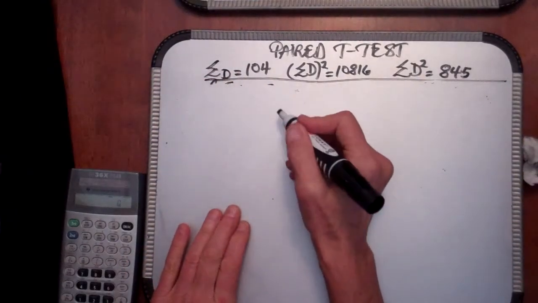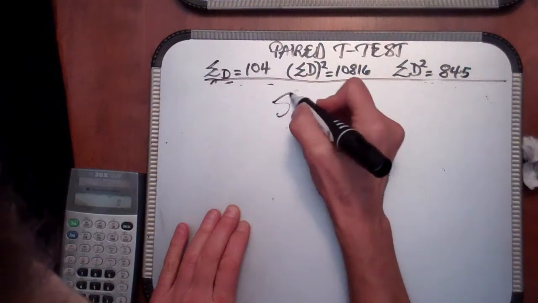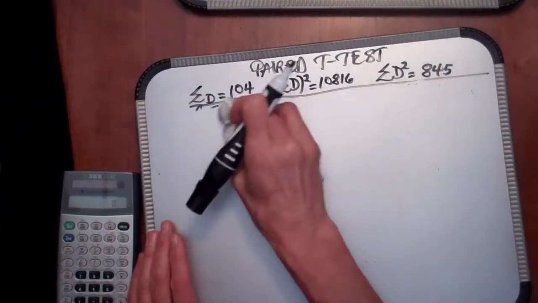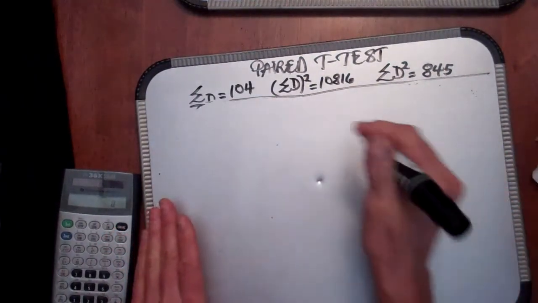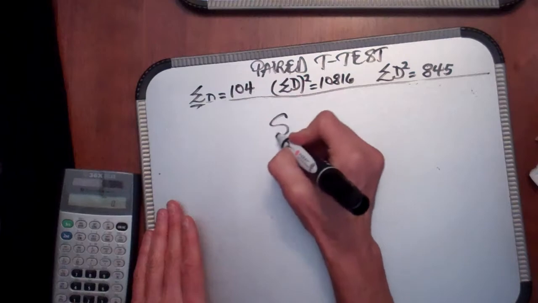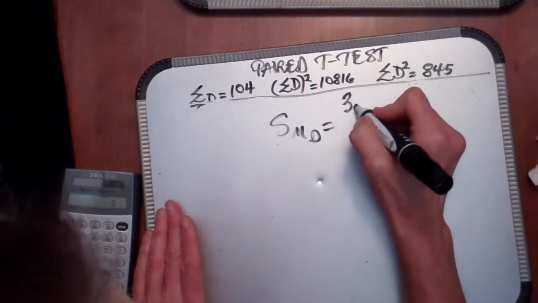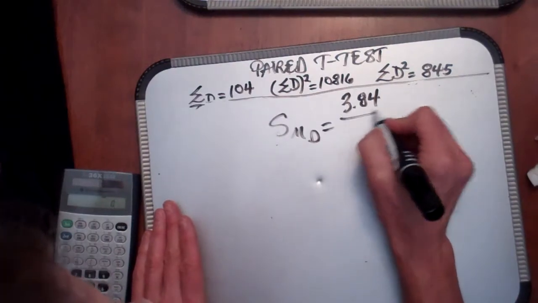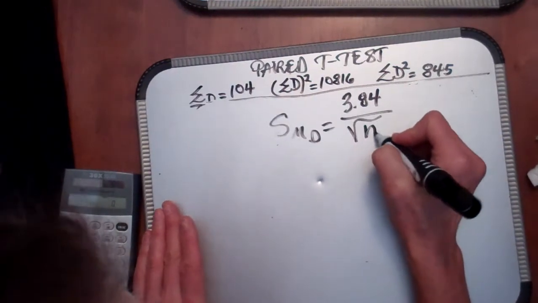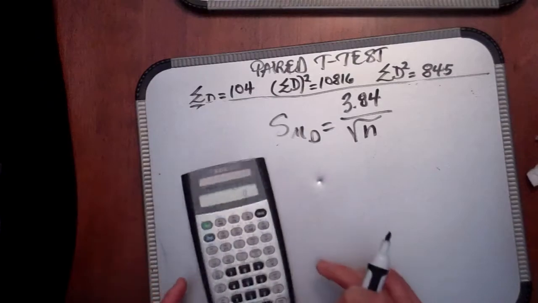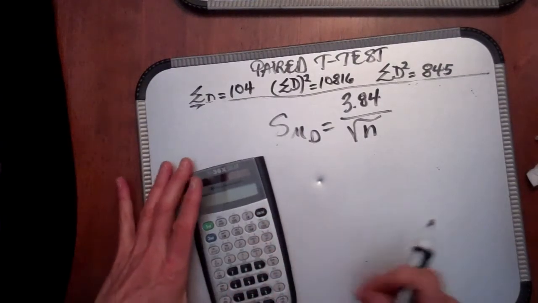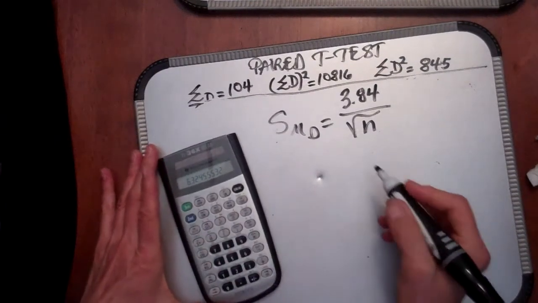So here's our value. Now we need to get the standard error of the mean difference, right, equals standard deviation 3.84 divided by the square root of n. And n here is 40, so let's just do square root of 40 is 6.32.